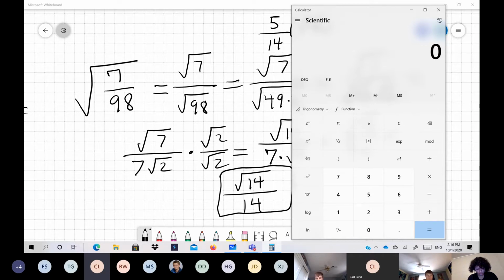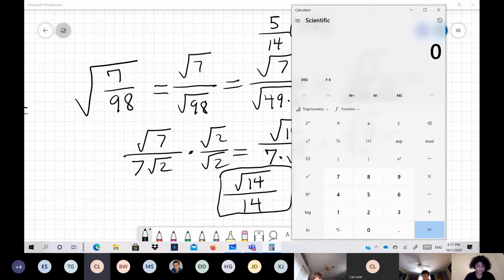Like in finite math and statistics, the TI 89 isn't an allowable calculator. You have to use a TI 83 or a TI 84. In other classes, it's at the instructor's discretion. Like I think Professor Strom lets people use it in calc, if I remember right. I'm looking at his syllabus, but in any event, we should be able to do it by hand like this anyway. But we can check our answer with the calculator.